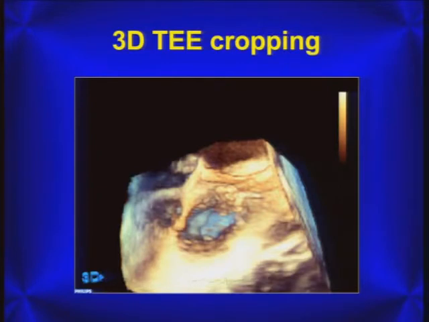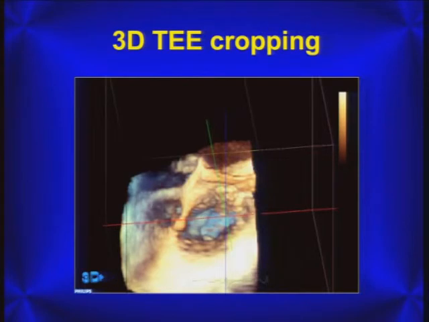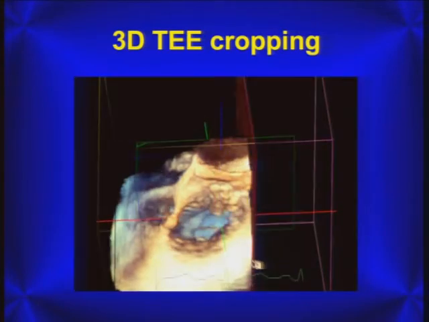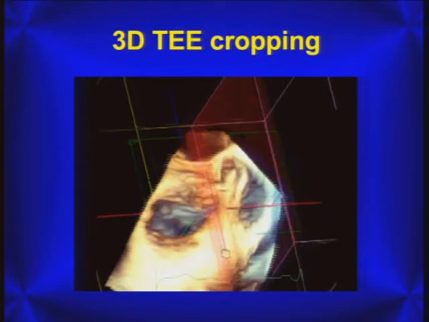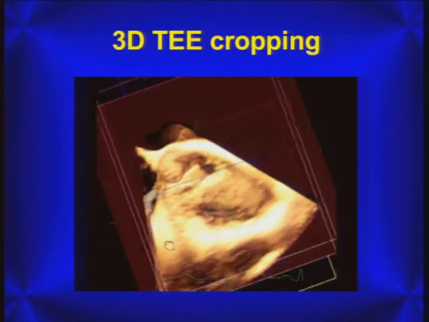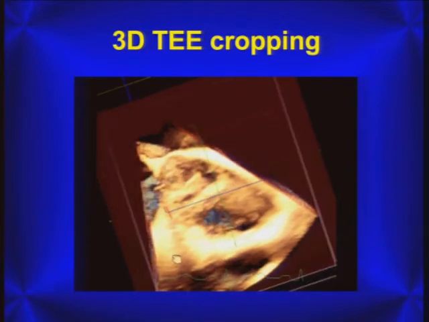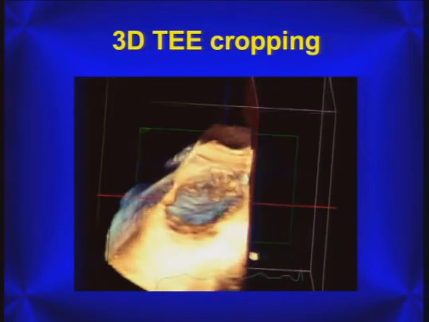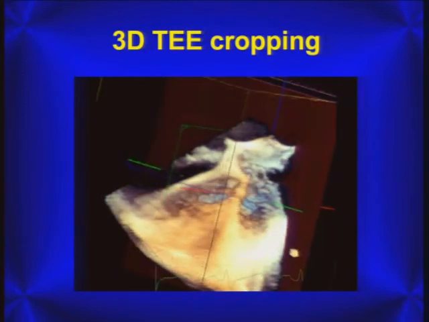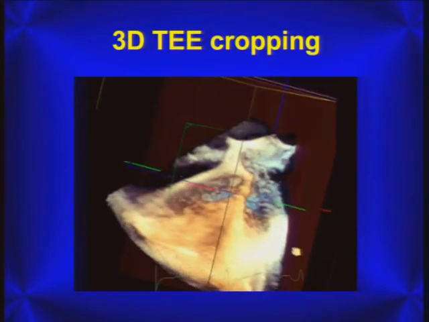Cropping the volume data set, we further analyze the region. This is the half-cropped data set. And with rotation of the data set, we could visualize the hole in the perimembranous septum from the left side, and with rotating the data set from the right side.